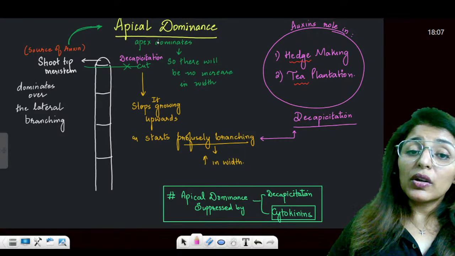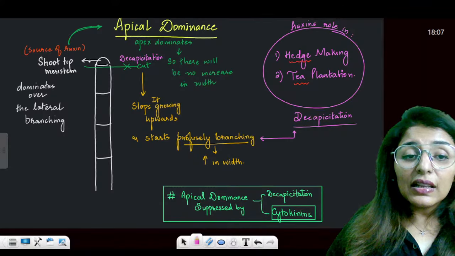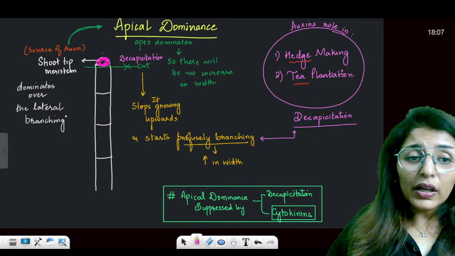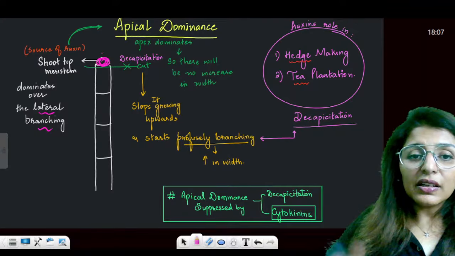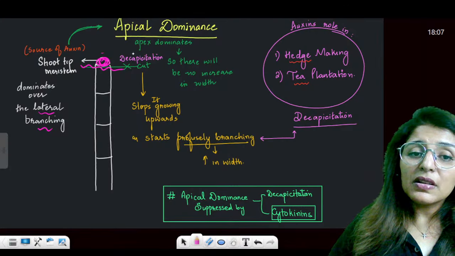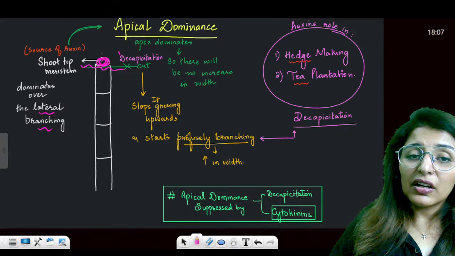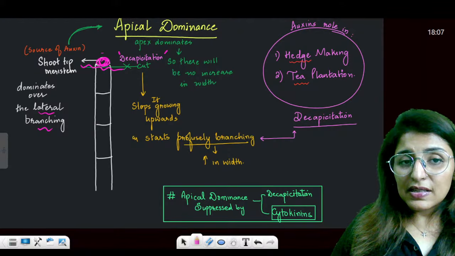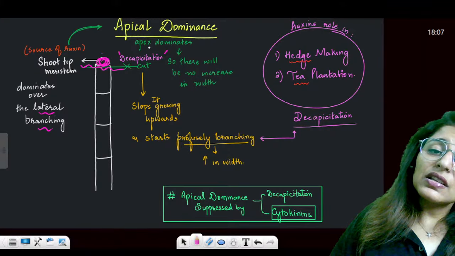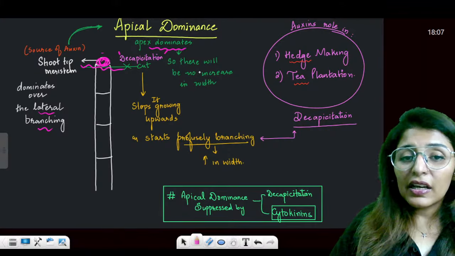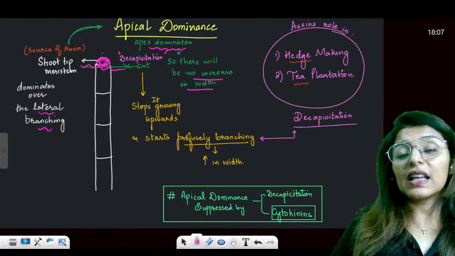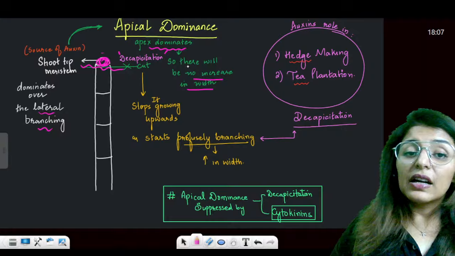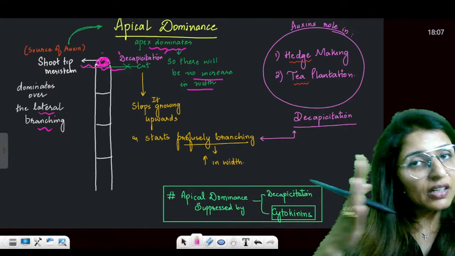So I already told you what apical dominance is. Till that shoot tip keeps on growing, it will dominate over the lateral branching. So if you cut the tip, the cutting of the tip is known as decapitation. When decapitation is done, the apex will not dominate anymore, and so now there will be an increase in the girth. Till the apex dominates, the girth will not increase.